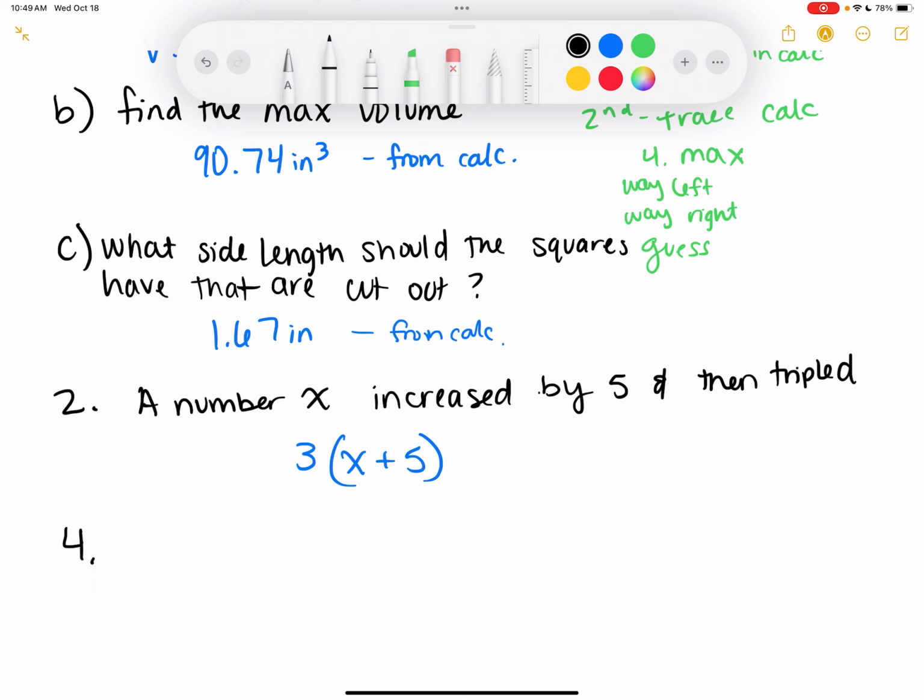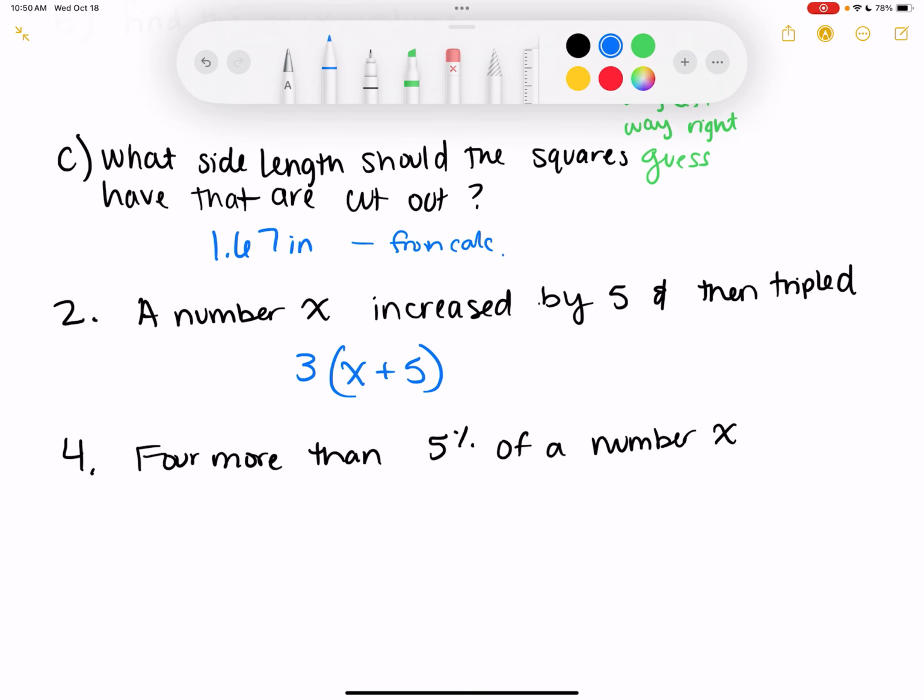Number 4. 4 more than 5% of a number x. X plus 4.